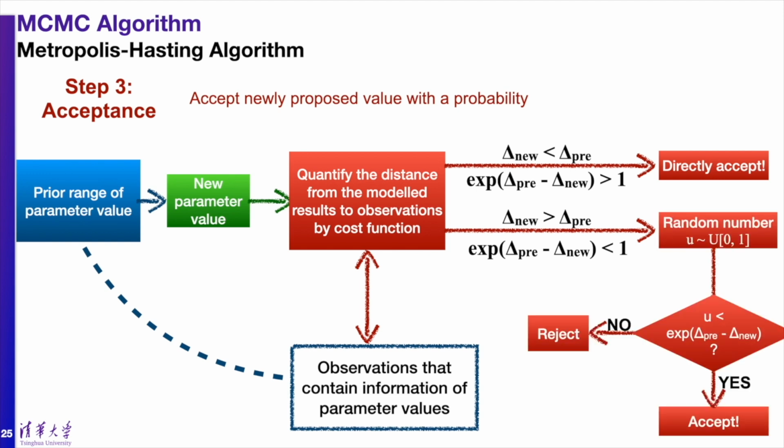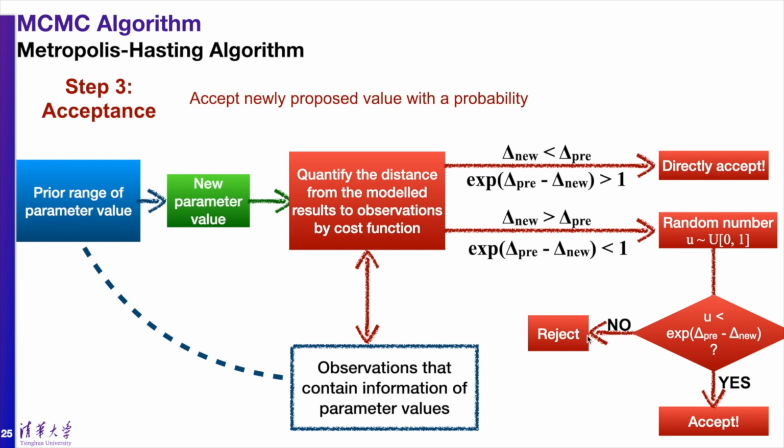Basically, in the MCMC algorithm, in this case, we first generate a random number by the uniform distribution between 0 and 1. After that, we compare the cost function results with the random value. If the random value is smaller than the cost, then we will accept the corresponding parameter value.